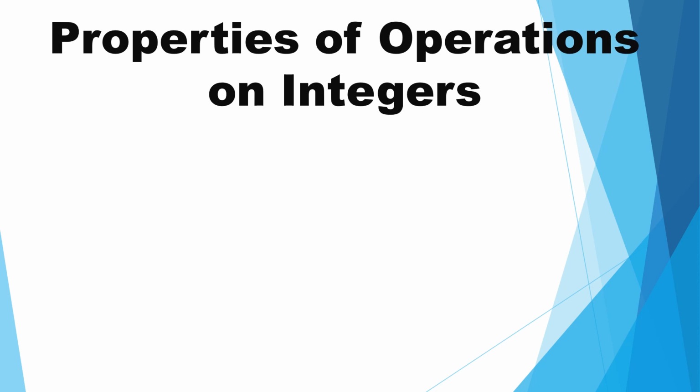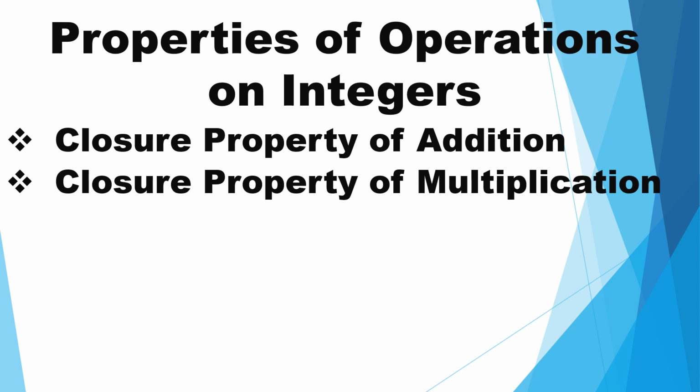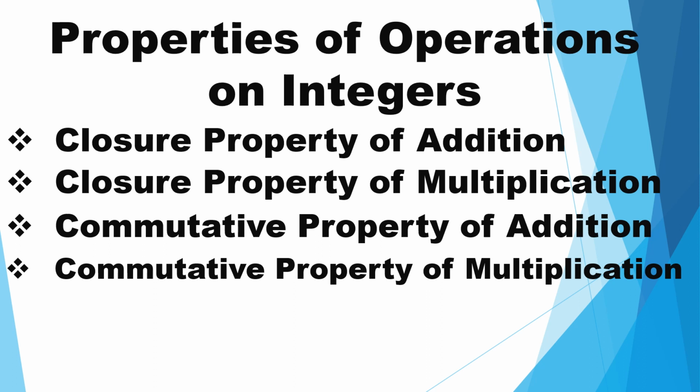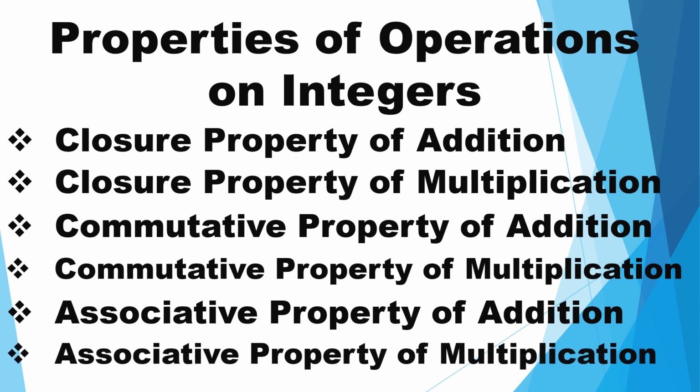Let's have a recap. Properties of operations on integers are closure property of addition, closure property of multiplication, commutative property of addition, commutative property of multiplication, associative property of addition, associative property of multiplication. Dapat po maging specific tayo sa paglalagay ng operation under addition or multiplication.